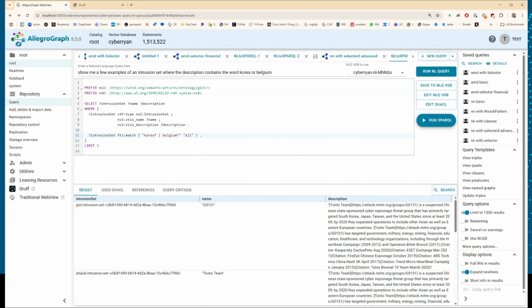By the way, I should have mentioned, we also tell the LLM about some of our underlying magic predicates, so it can use them too. So here it does an FTI match where you say, find anything that starts with Korea or anything that starts with Belgium in the index, all, right? Anyway, I'm amazed how well it does this.